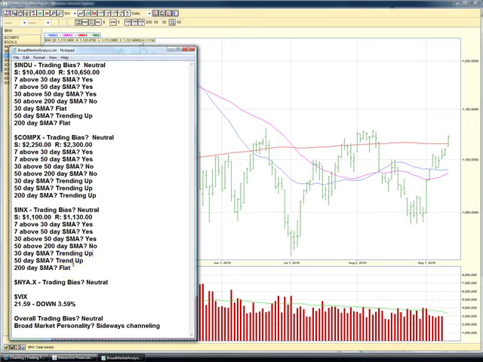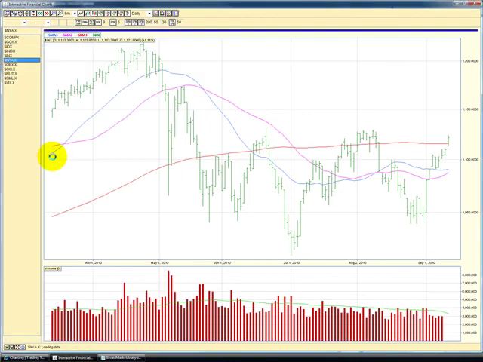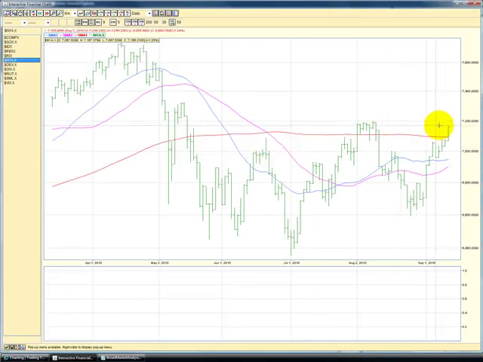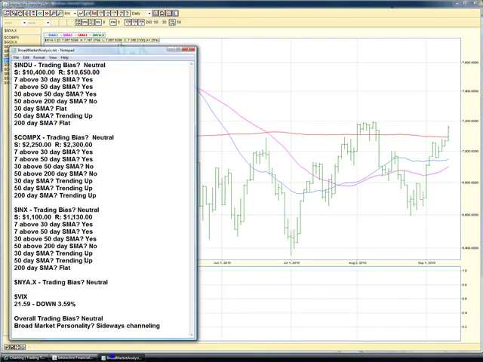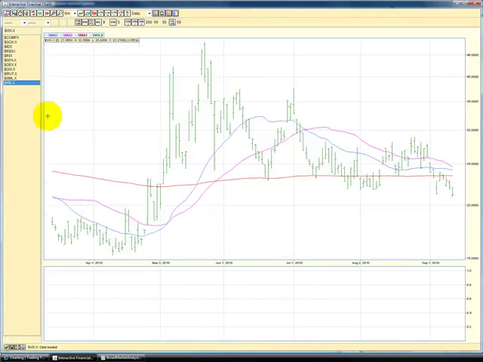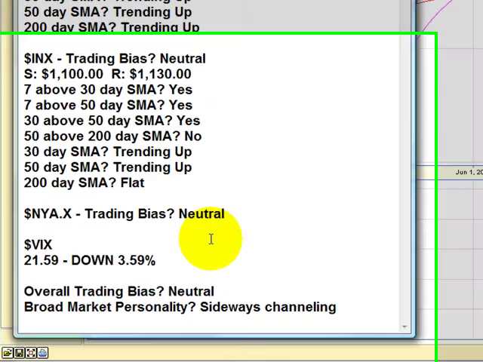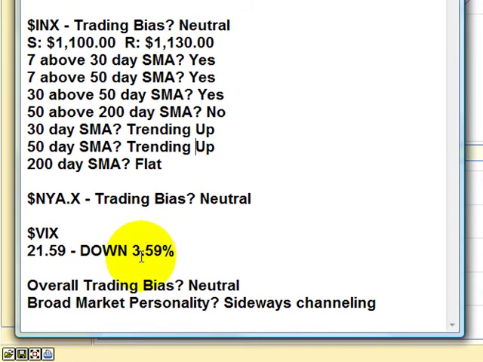The 50 is trending up. The 200-day is flat. New York Stock Exchange Composite Index. We're still neutral, but it did well. VIX Volatility Index. Dropping, dropping, dropping. Perhaps we'll get back to where the trend is our friend like it was all the way up through April again here. So it's down 3.55%, which brings us down to 21.21.